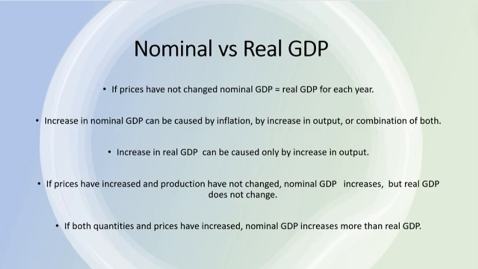An increase in real GDP can be caused only by an increase in output. If prices have increased and production has not changed, nominal GDP will increase, but real GDP will not change. And lastly, if both quantities and prices have increased, then nominal GDP increases more than the real GDP.